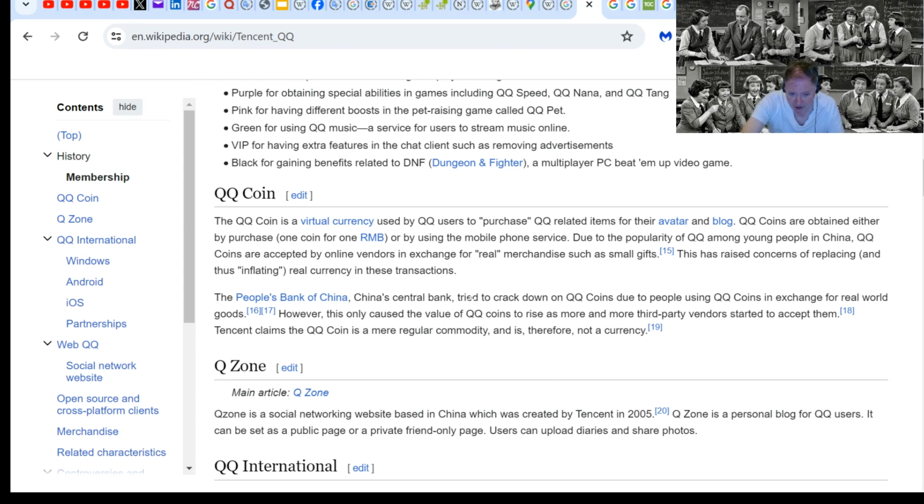Interestingly enough, the People's Bank of China tried to crack down on that because they were afraid that they would be exchanged for real-world goods. And so QQ also has kind of a counterculture feel to it, which has always kind of been against the Chinese Communist Party.